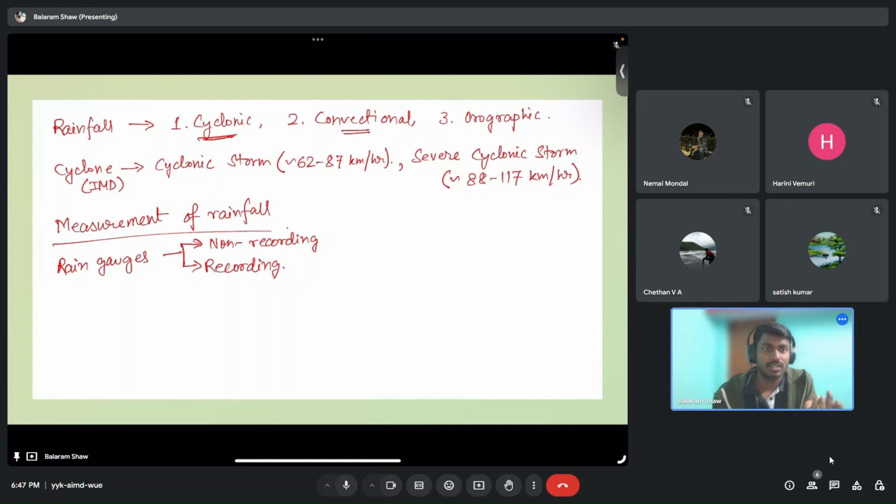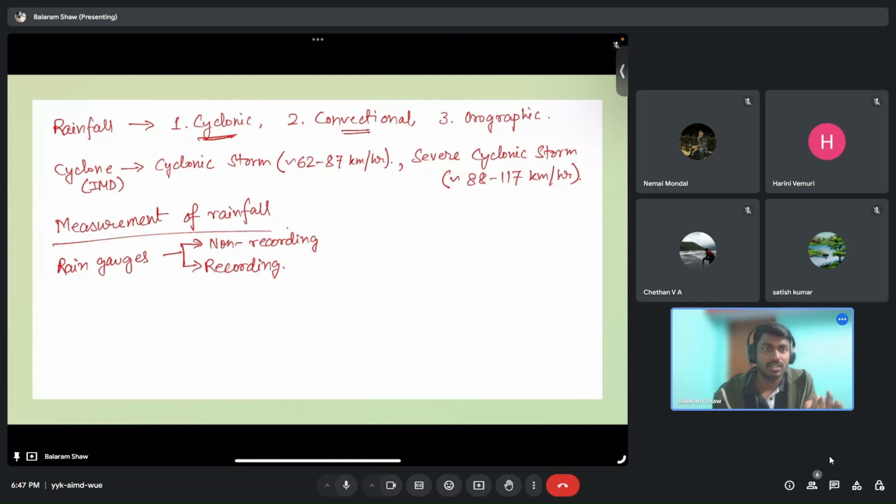So in this tipping bucket, there is a balance and there will be two containers, which form a tipping bucket, right? When rain fills one bucket, it will tip over, and the water that has been tipped will be collected in the other bucket, right?